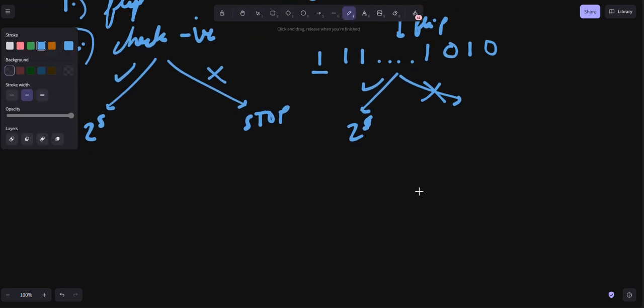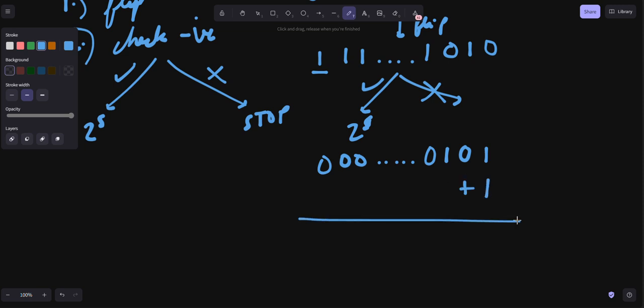We first do the 1's complement, which will give us that same number, and then we just add 1. 1 plus 1 is 0 with 1 carry, and this will just give us 0 0 0.